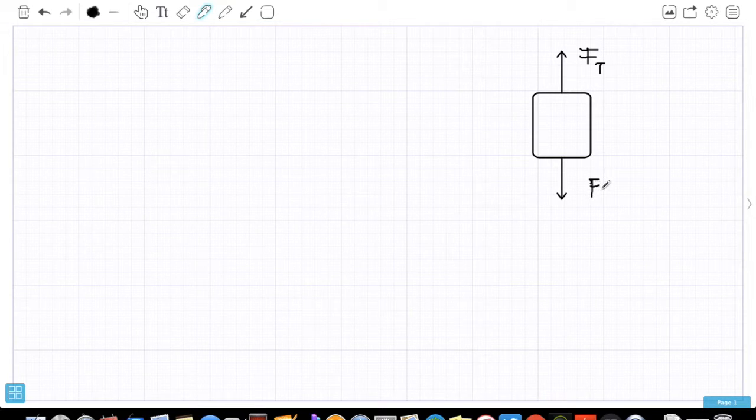The force of gravity, it doesn't matter what the elevator is doing, it always remains a constant value. It's dependent on the mass of the elevator and who's in the elevator. So the tension changes depending on whether the elevator is accelerating upwards, accelerating downwards, or moving at a constant velocity.